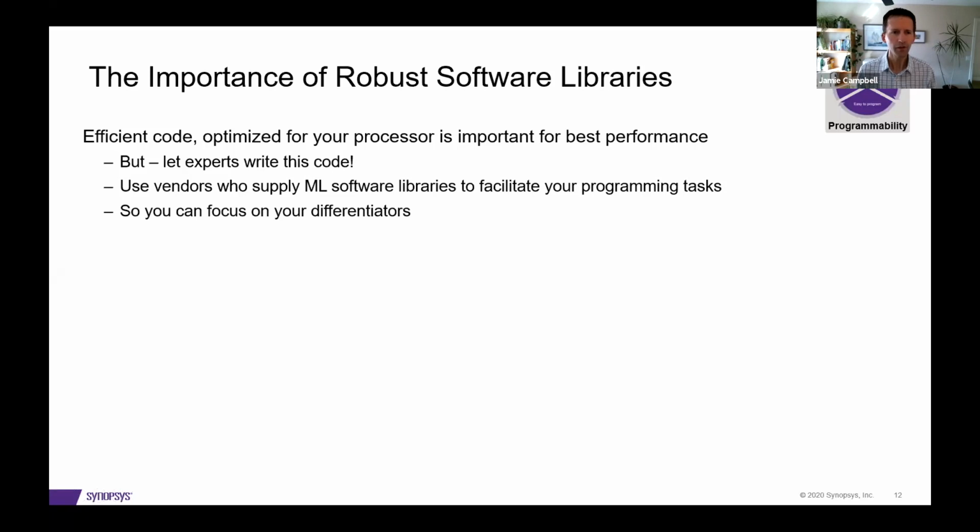So we've seen that efficient, optimized code is important, but presumably you as an application developer don't really want to spend time writing this optimized code yourself. Why not let the experts do that? So you should look for vendors who supply libraries, software libraries of ML routines, which can facilitate your programming tasks, and you can focus on your own differentiators.